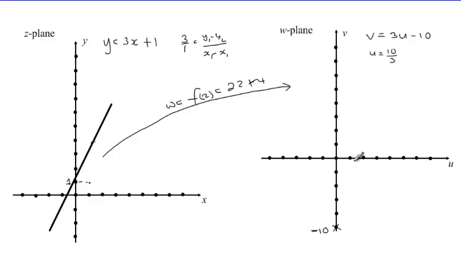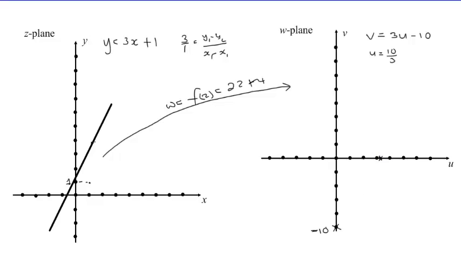So if you count along the scale, 1, 2, 3, then we've got the intercept on u at that point.